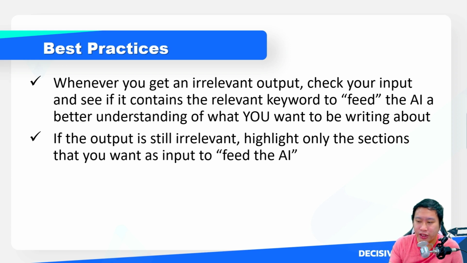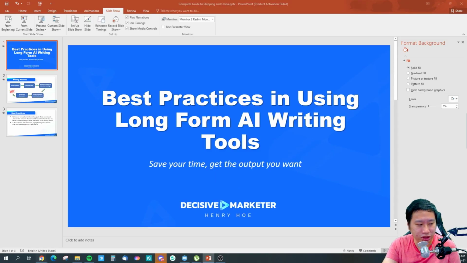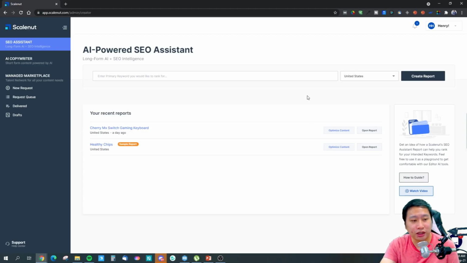So at this point, I'm going to show you a little bit about how to use Jarvis as well to do this. What we're going to be doing right now is diving into SkillNut. Some people are asking whether it works for finance or other content.